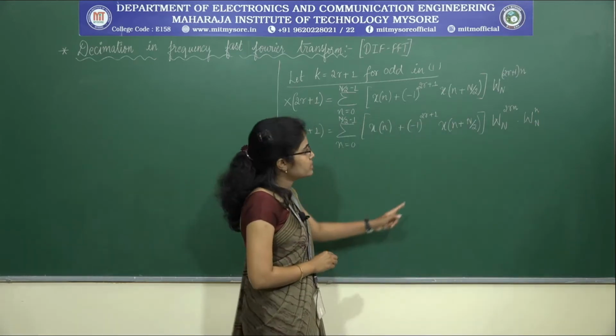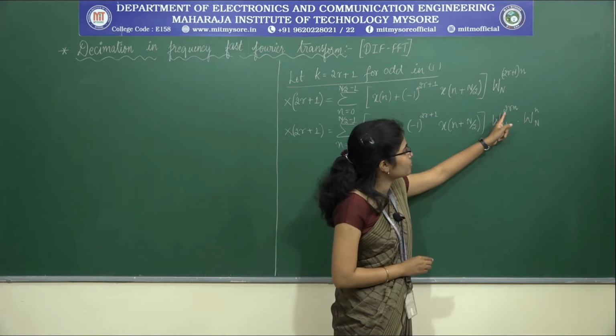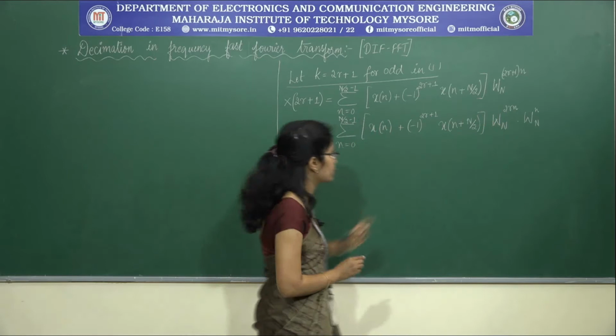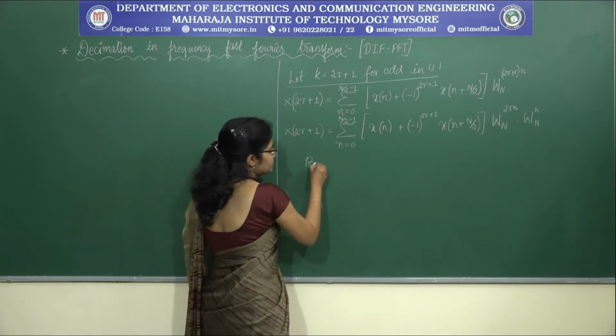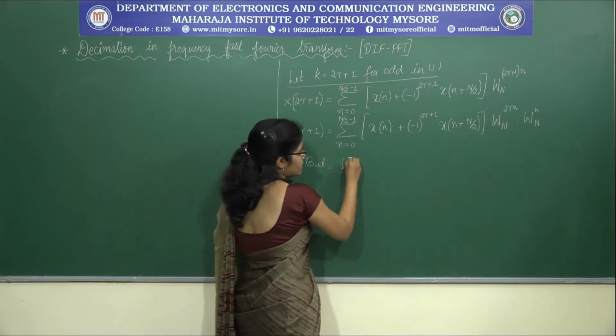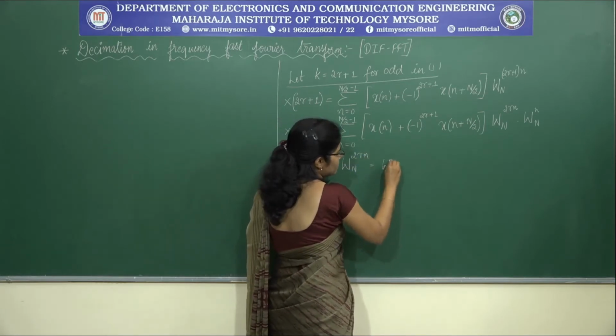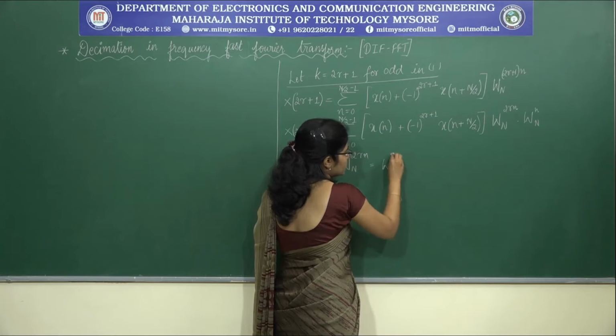Okay. So, previously we saw omega n to the power of 2rn is nothing but equal to omega n by 2 to the power of rn. So, I can write it directly.